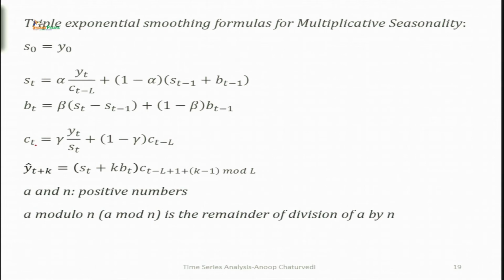You update C_t using this formula: gamma y_t upon S_t plus (1 minus gamma) C_{t-L}. And then this is the forecasted value: y hat_{t+k} is equal to (S_t plus k B_t) C_{t-L+1+(k-1) mod L}, where A mod n is defined as the remainder of division of A by n.